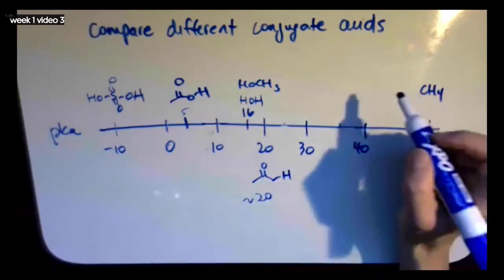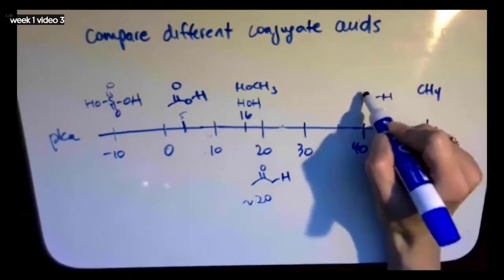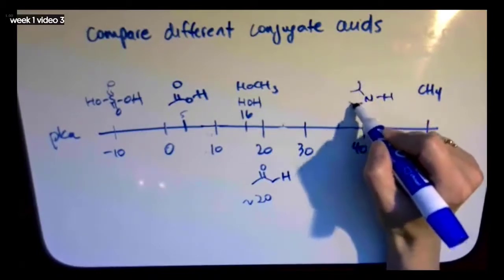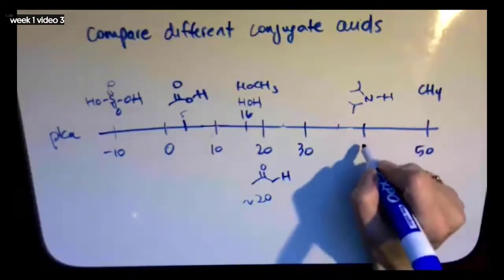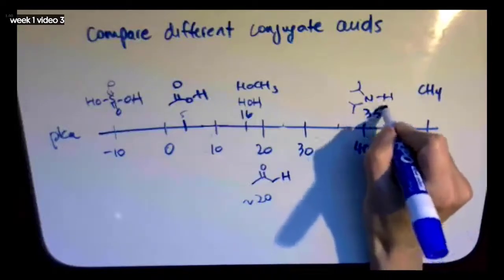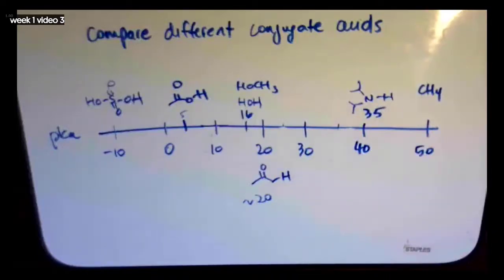And amines have pKa's right around 40. Well, 35. What am I saying? Again, it depends on the substituent patterns, but something like diisopropylamine is right around 36. Okay, so this kind of gives us a framework for the range of pKa's we can deal with.